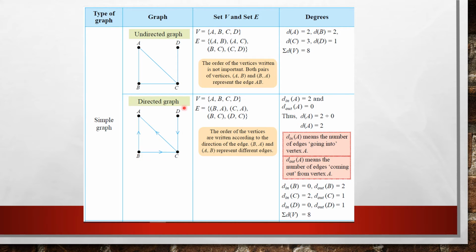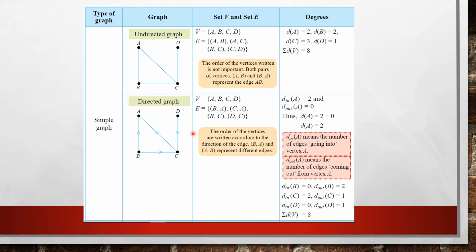Out of these 3 lines, for two of them the arrow is coming in, and for one of the lines the arrow is going out. So degree in C is 2 because 2 arrows are coming in, and degree out C is 1. 1 arrow is going out.